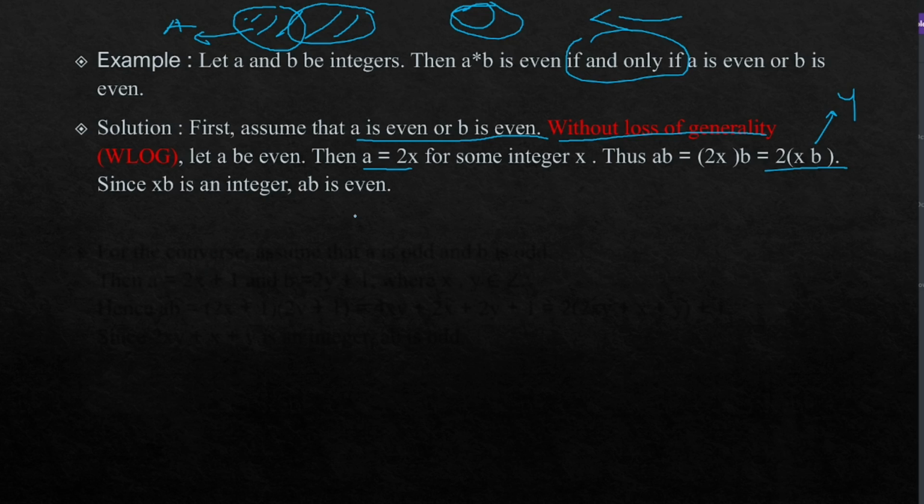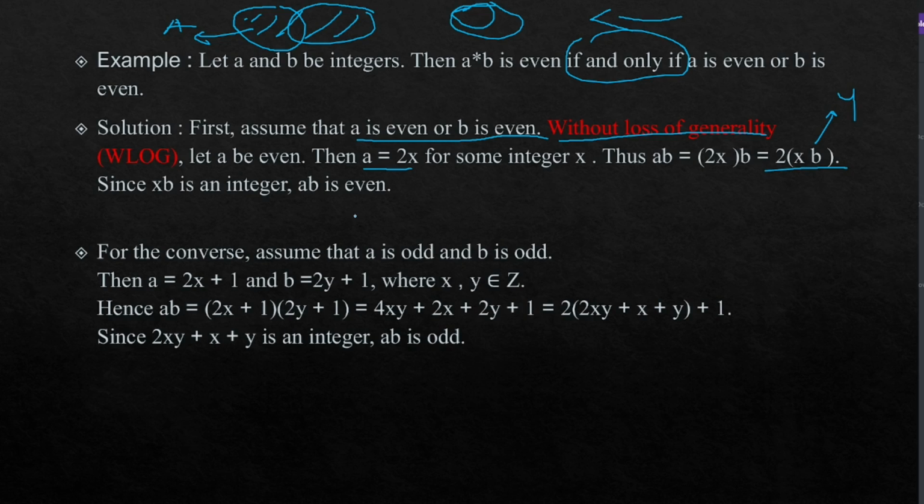Now we get to the left hand side implication. Assume that a is odd and b is odd. What we are kind of using is the negation of this. Does anyone know what that means?